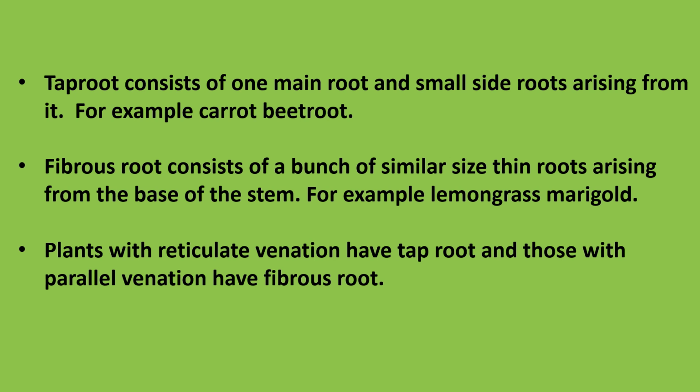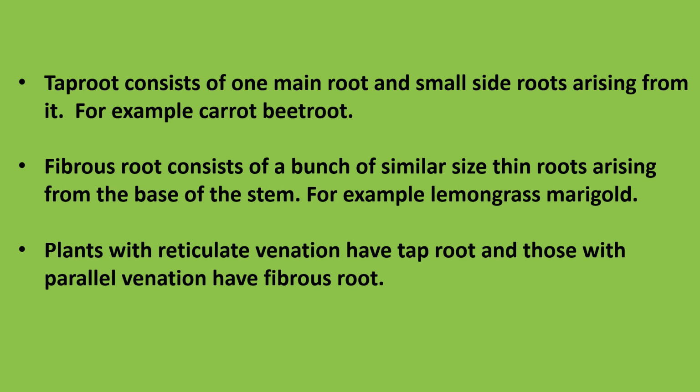Taproot consists of one main root and small side roots arising from it. For example, carrot, beetroot. Fibrous root consists of a bunch of similar size thin roots arising from the base of the stem. For example, lemongrass, marigold.